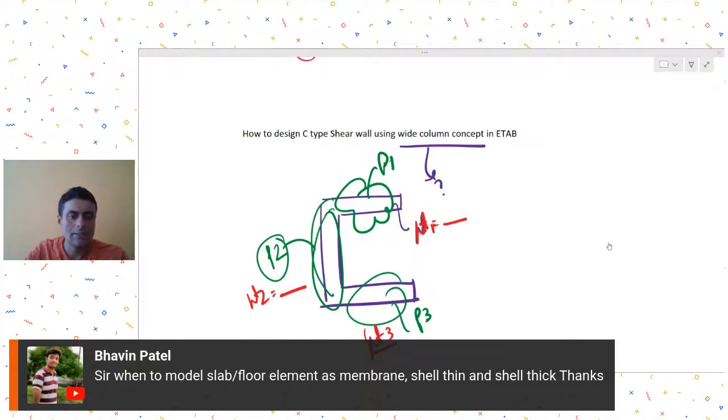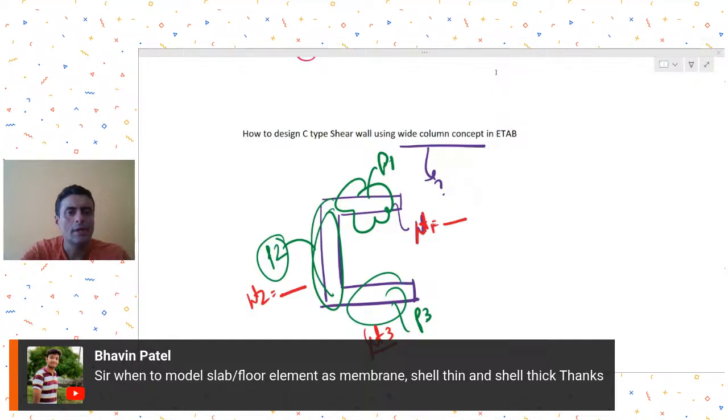Engineer Bhavin Patel is asking when to model slab floor elements as membrane, shell thin and thick. So if you maybe do not want the out of plane stiffness of your slab, and you just want to have your slab for transferring loads to beams and columns, you may model it as a membrane.